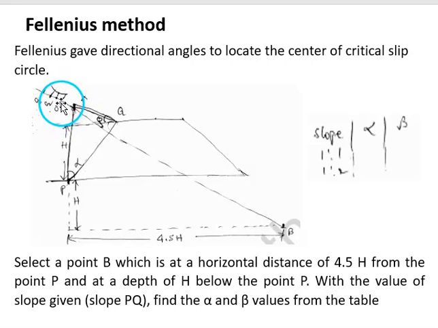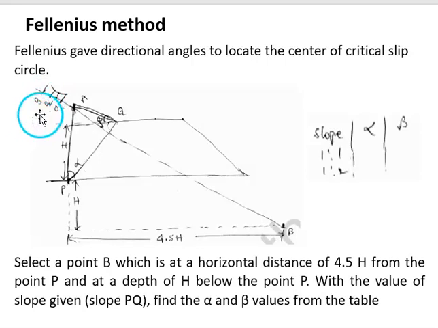This factor of safety value has to be plotted as ordinate with respect to point O1. Here we have to plot the factor of safety value to some scale on this line. Then by taking O2 as center and O2P as radius, we draw the slip surface, use the method of slices to find the factor of safety, and plot that value as ordinate.